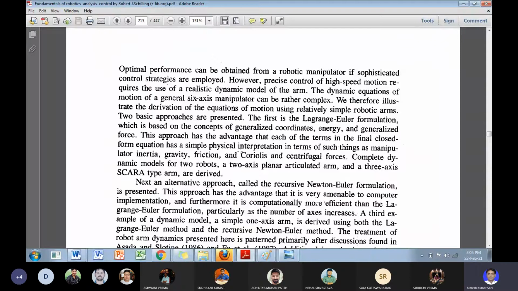Then partial differentiation of the Lagrange function with respect to theta 1, and suppose theta 2, and d3 is the third variable. If we keep i equal to 3, there will be a linear velocity, so partial differentiation with respect to d3, and this term is again differentiated with respect to time.